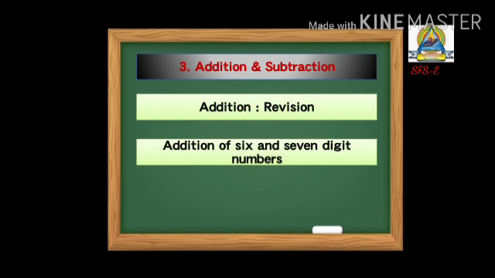Before we start, let me tell you that last year you learned to add 4 and 5 digit numbers. Now 6 and 7 digit numbers can be added using the same method.